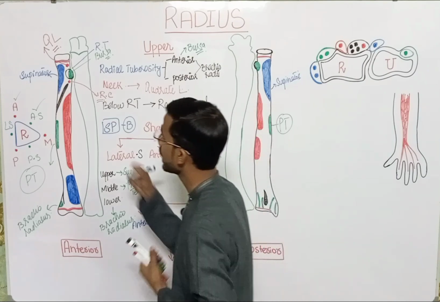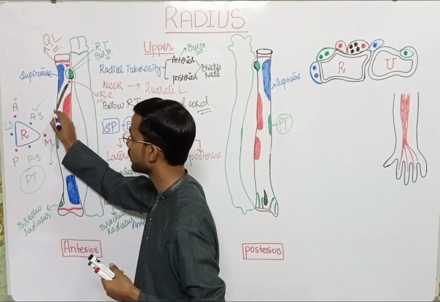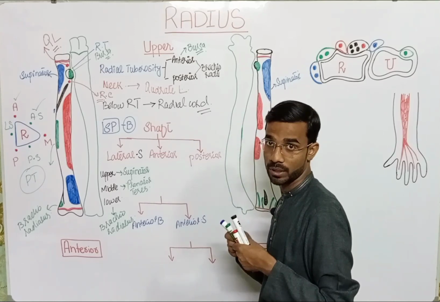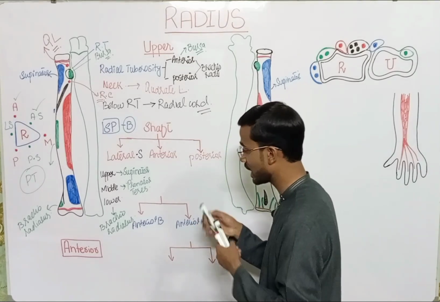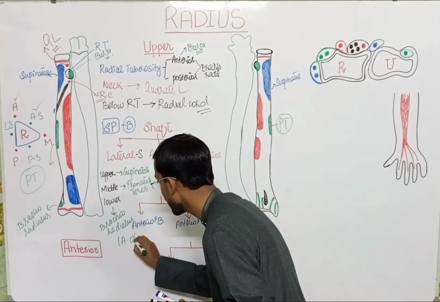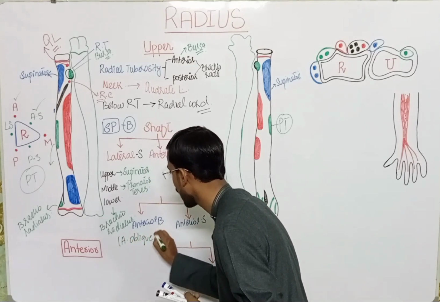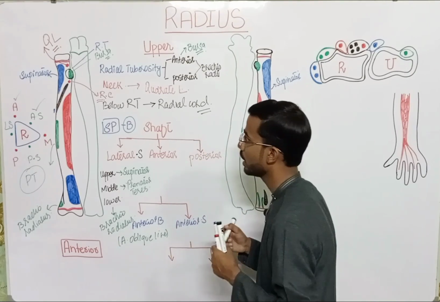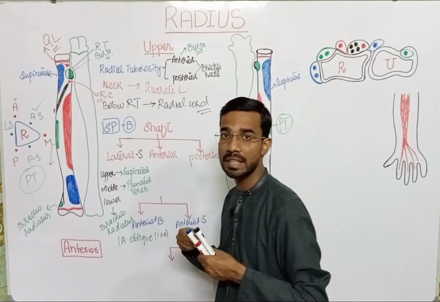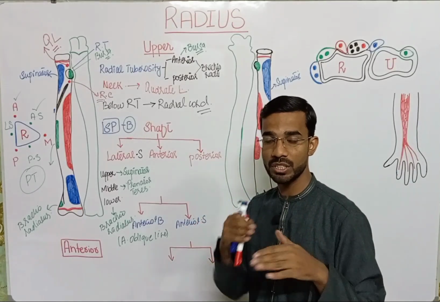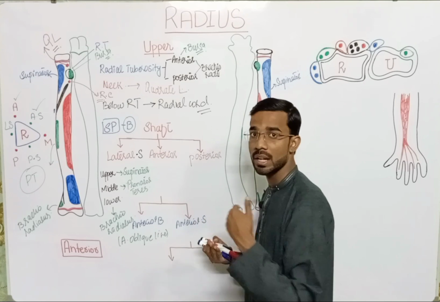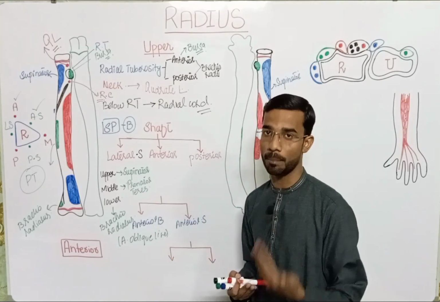At the anterior border, or specifically the anterior oblique line, there is a line which is attached to the anterior border, and that line is called the anterior oblique line.